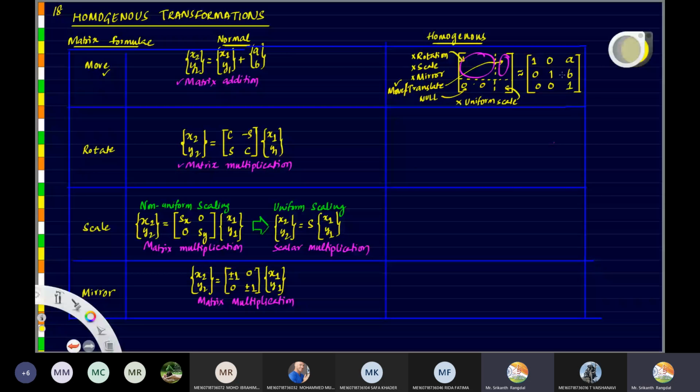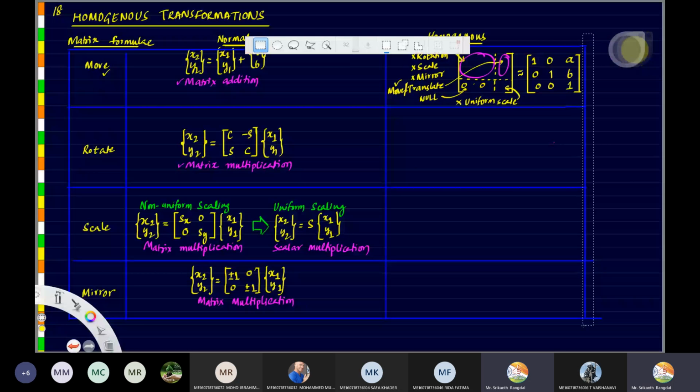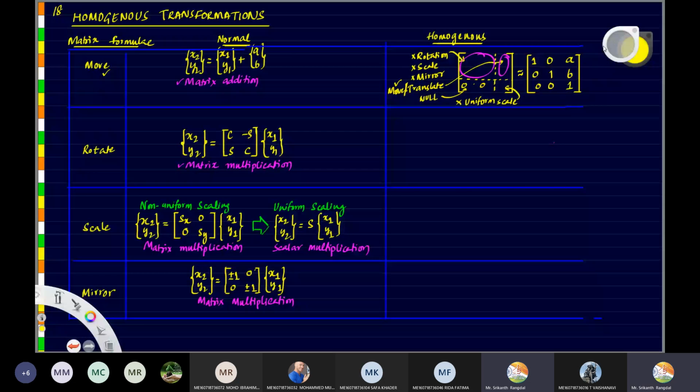This matrix will have to be multiplied with the other matrix. Okay. So what is the other matrix? The coordinates, the point. So the point here will be x1, y1, and what else?